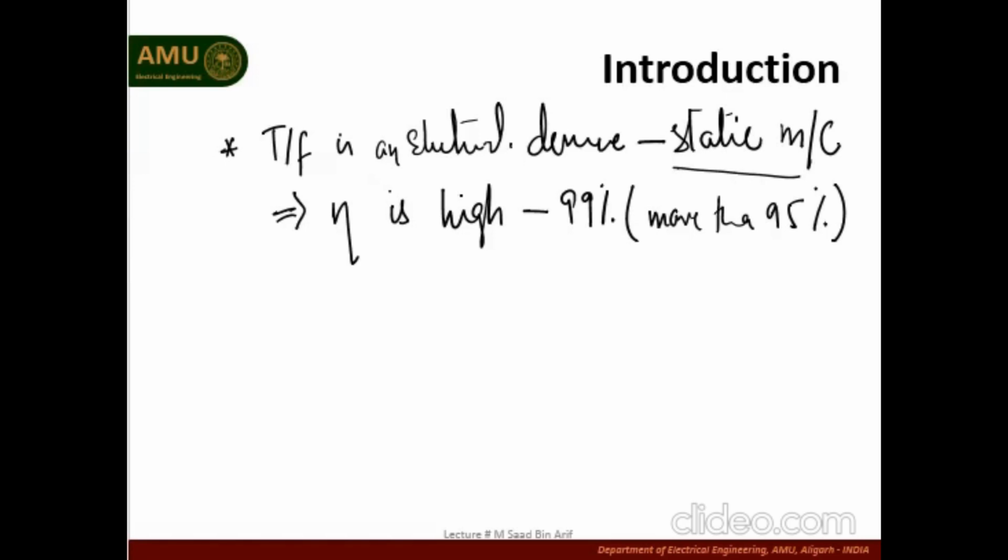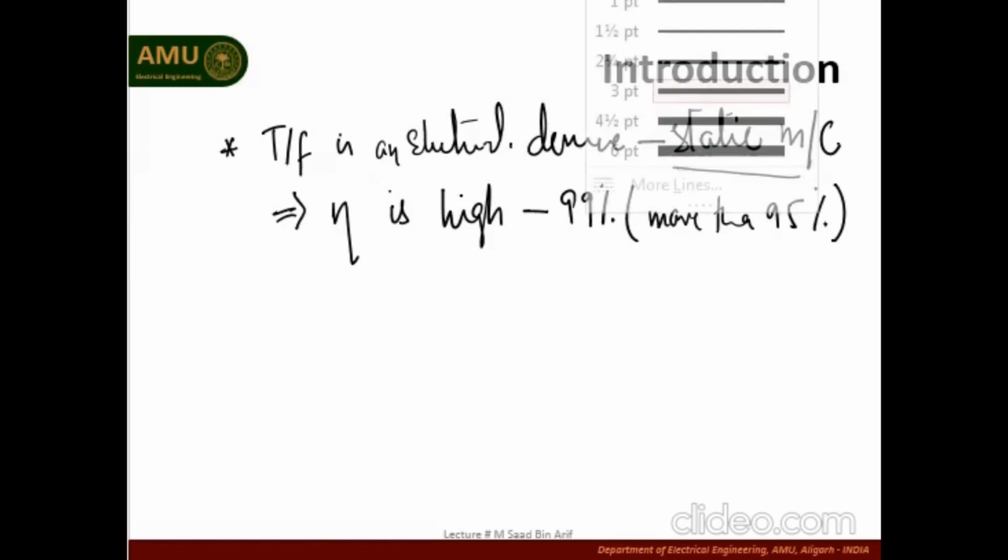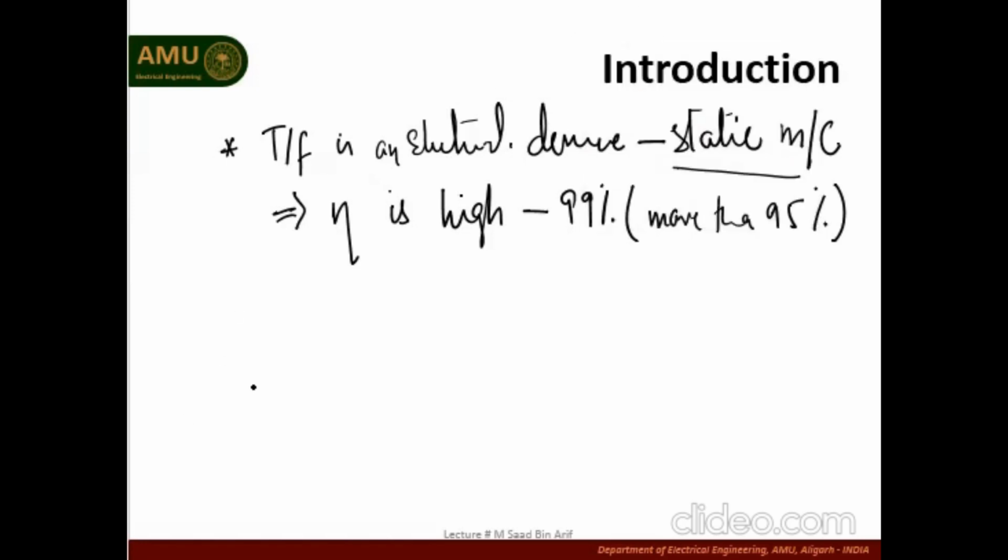Now, for transferring the power from the generating stations to the load center, we need to take that power through a long transmission line. For example, let us have a look at the picture. Let us suppose that this is the generating station, and this station is very far away from the load. Let us suppose that this is the consumer load or distribution system.